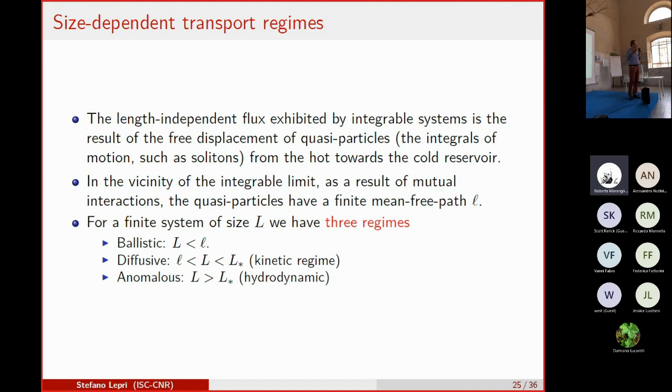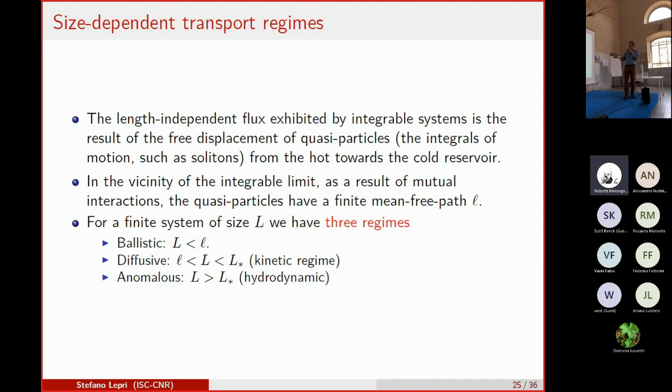So your quasi-particles have a finite mean-free path. Now, you would expect that if the perturbation is very weak, the mean-free path will be very large, like in a standard gas where the interaction is very weak. So what do you expect? If the system size is much smaller than this mean-free path, the system will be ballistic.